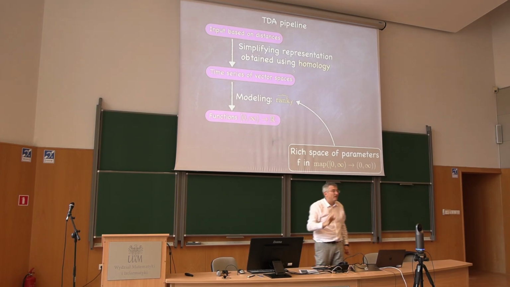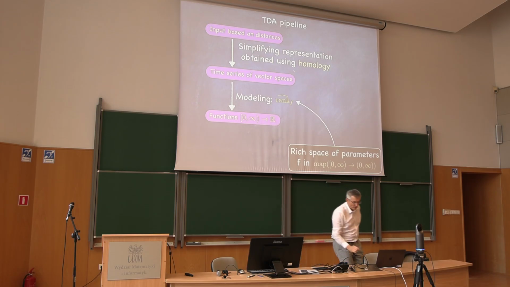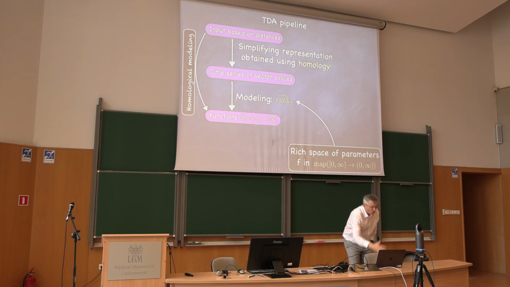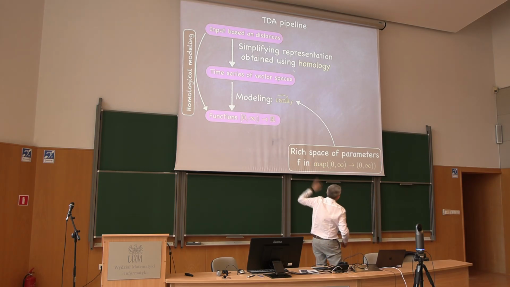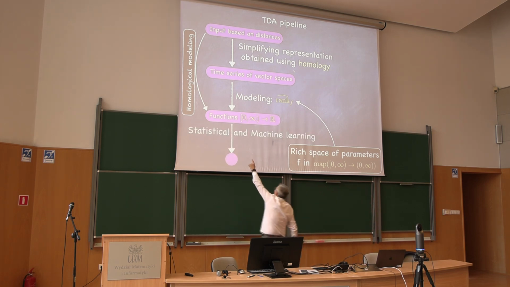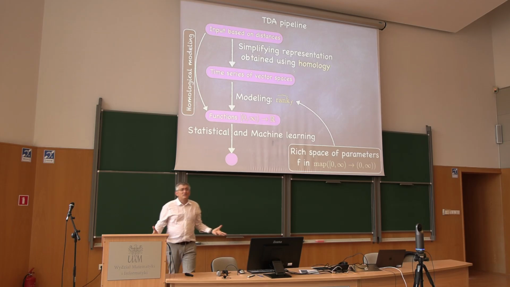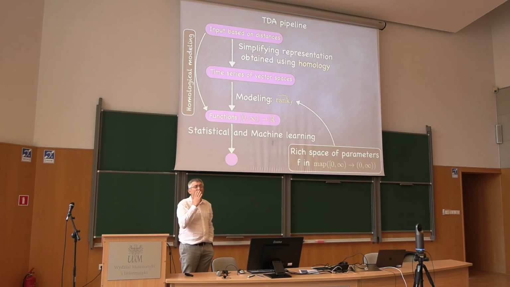It's still very tiny, but it's a continuum. Okay. All right. So I call this homological modeling. Okay, homological modeling. All right. And now once you do this, we know that such functions form a Hilbert space. That was, I think, Peter Bubenik's observation that we have to move.